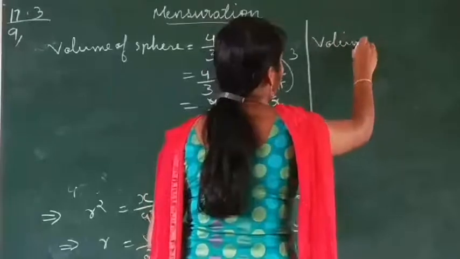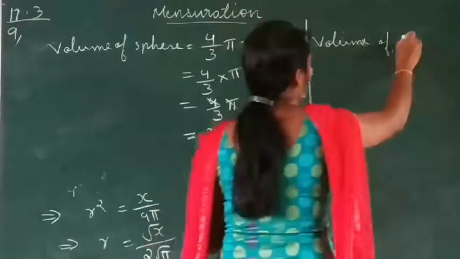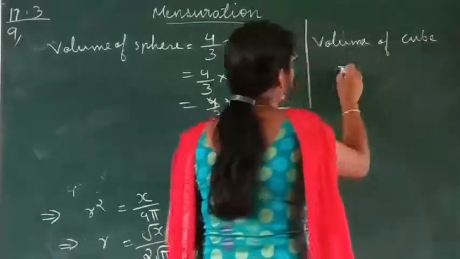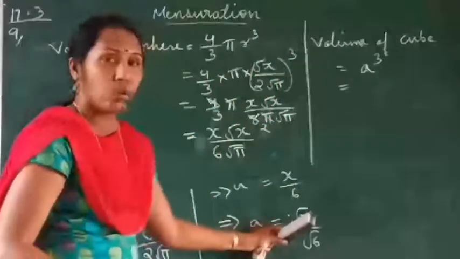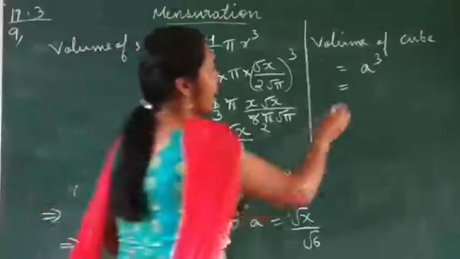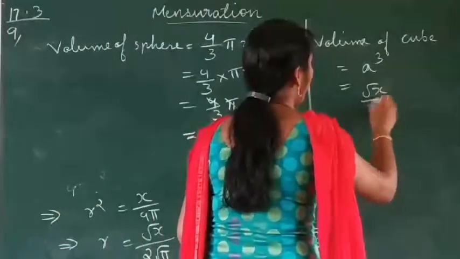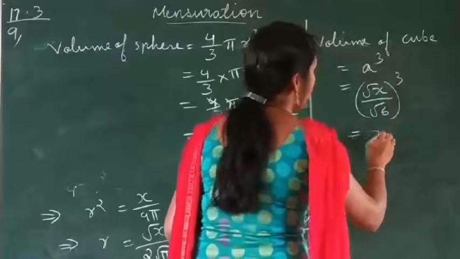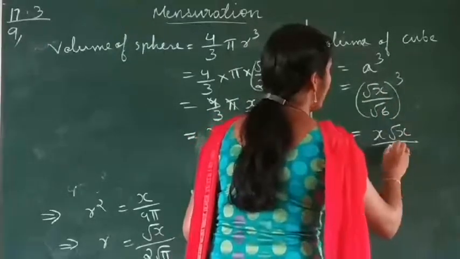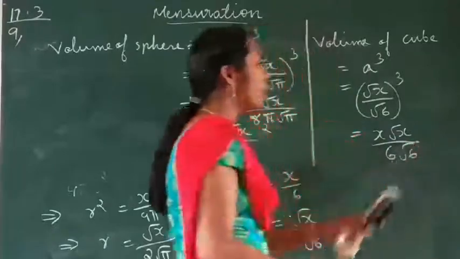Volume of cube is equal to a³. The side of the cube was root x by root 6, so a³ is (root x by root 6) whole cube, that is equal to x root x by 6 root 6. This is the volume of the cube.